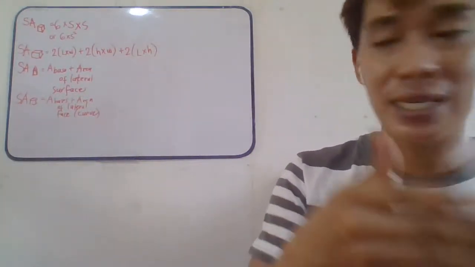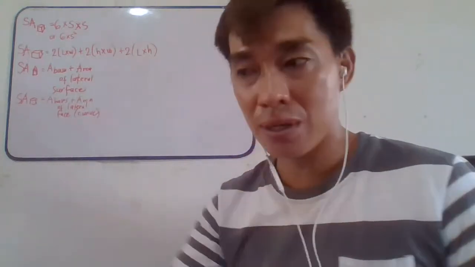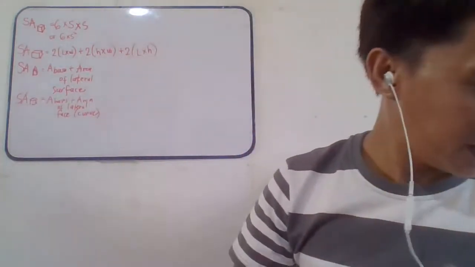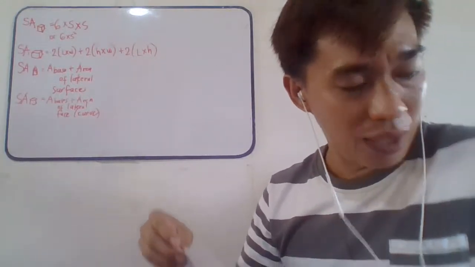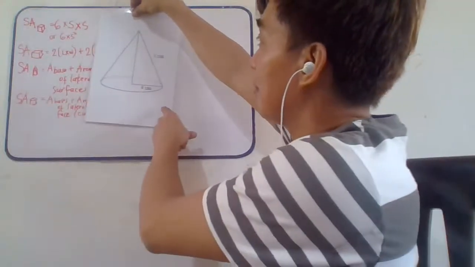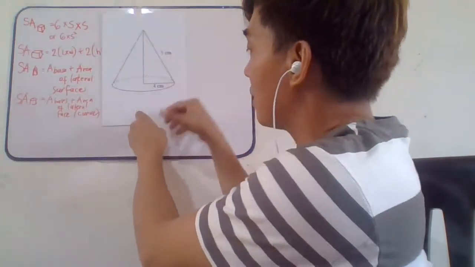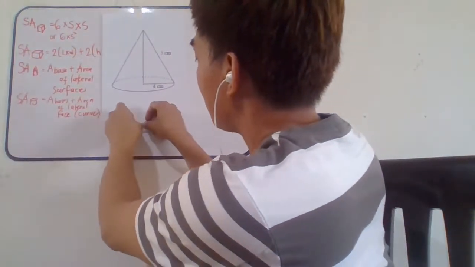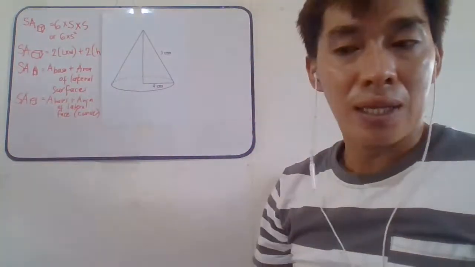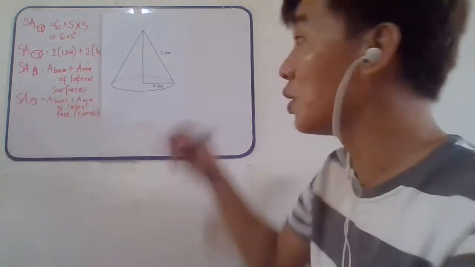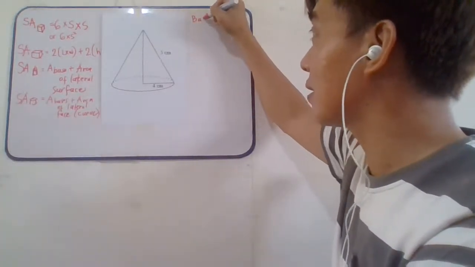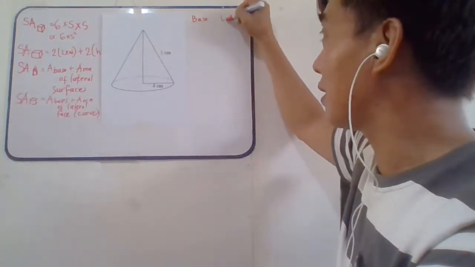Okay, grade 6, let's proceed to the next figure, which is this one. The next figure that we will study this time is a cone. To solve for the surface area of this cone, let us know once again its base and its lateral face.